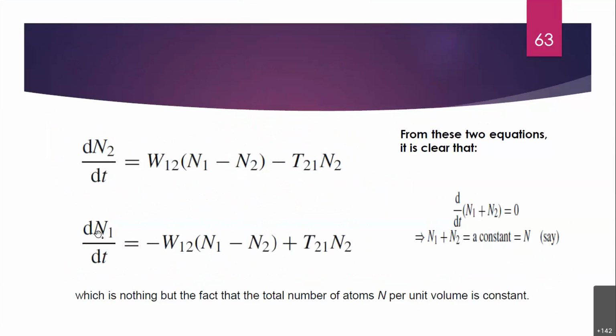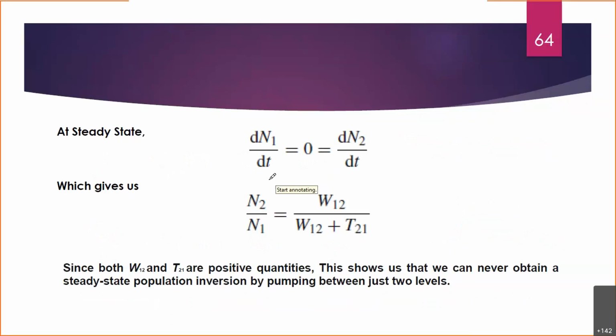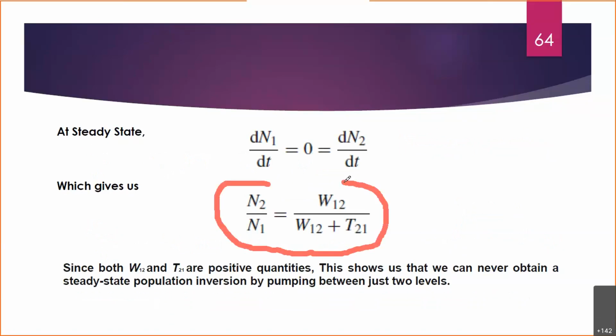So you put 0 on the left hand side and try to simplify this part. Let me annotate one more time. If you put this equal to 0 and you simplify both these terms, you will get a quantity like this, that is n2 by n1 equal to W12 divided by W12 plus T21.